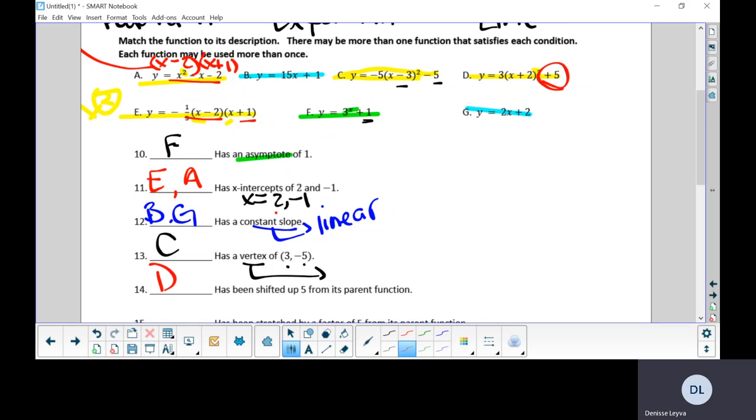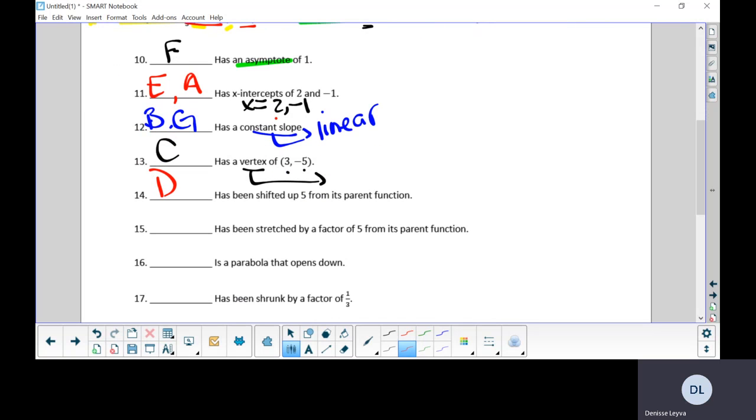Do you guys remember when we talked about quadratic functions? This would be a stretch by 3. This would be left 2, and that is up 5. Moving on to question number 15. Which one has been stretched by a factor of 5 from the parent function? Now, if you guys remember, just like we talked about when we had it in vertex form, we have that up, down, left, right.